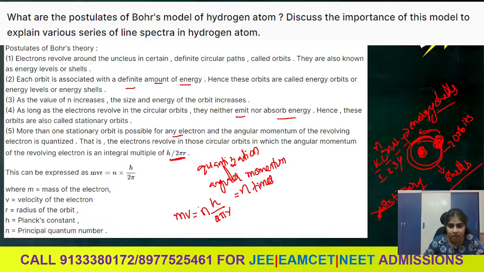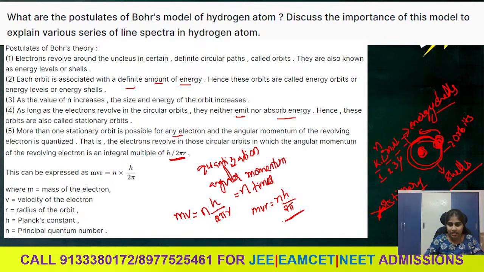If we take r to the left side, it becomes mvr equals nh by 2 pi. So what is this? Bohr's equation. Angular momentum is quantized as nh by 2 pi r, where if r is taken to the left side, it becomes mvr equals nh by 2 pi.